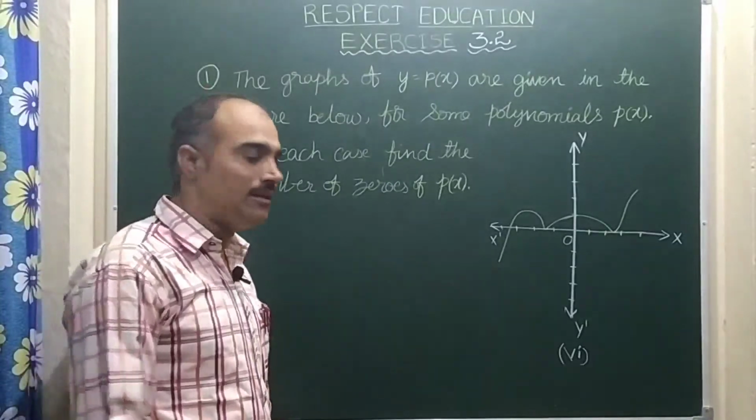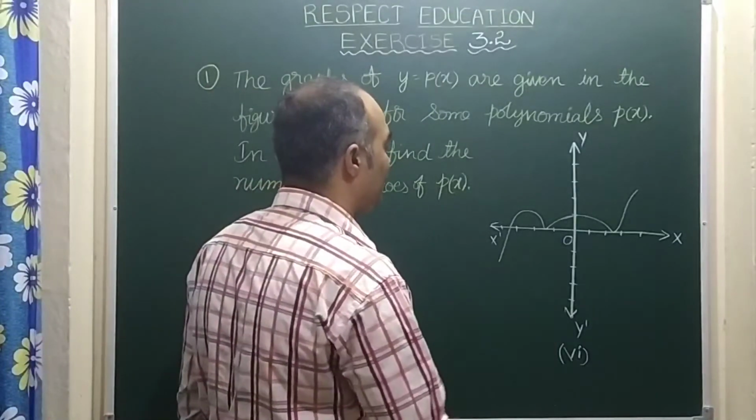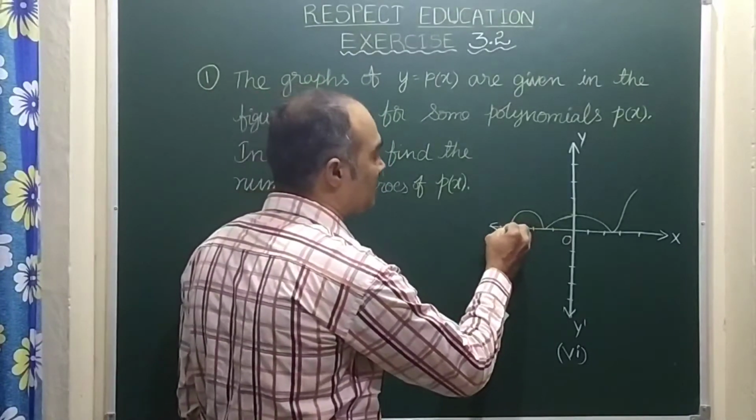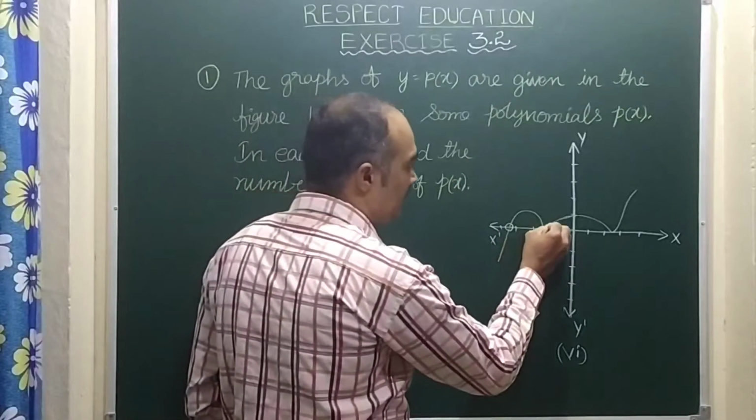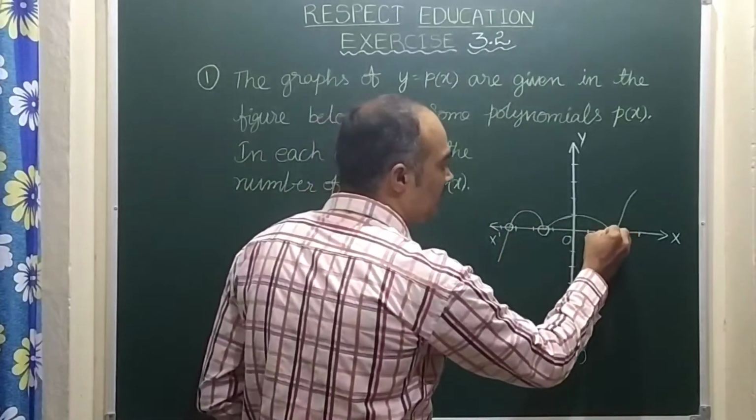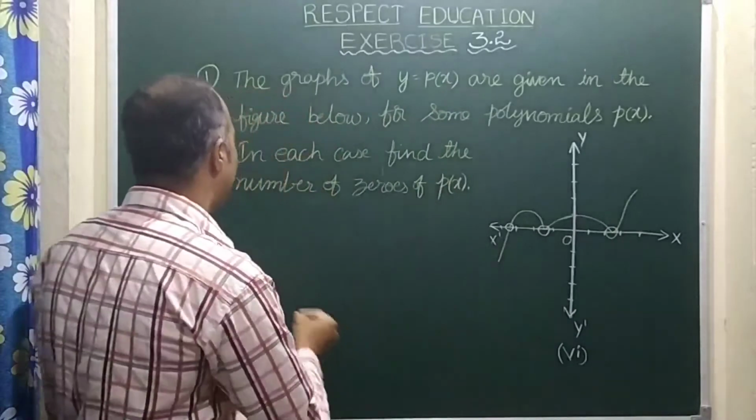Now let us see the next bit, that is the sixth bit. See here the graph intersects the x-axis at 1, this is 2, this is 3. So we can write the answer.